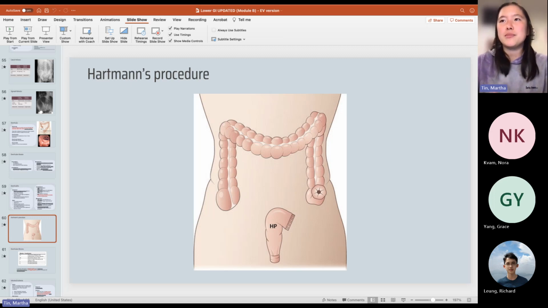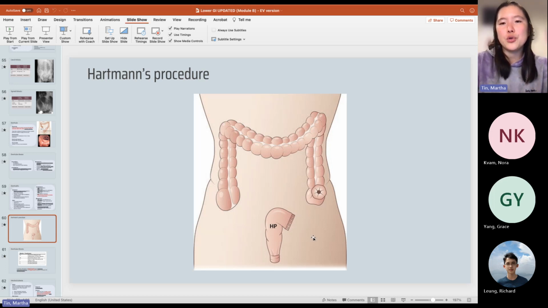What it is is a proctosigmoidectomy, so resection of the rectosigmoid colon, and then you end up with this anorectal stump down here, which is closed, and then you have this end colostomy here. This can be temporary or it can be permanent. If it's temporary, then you will at some point try to anastomose these two. But I don't think that's super common, to be honest.